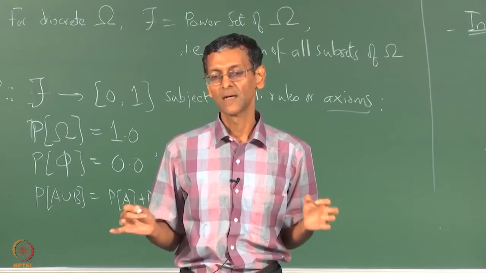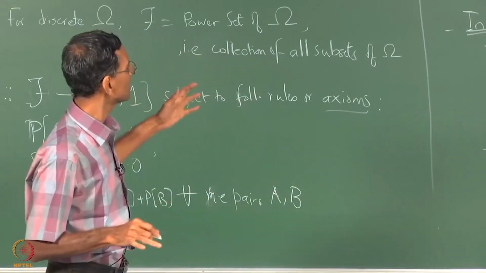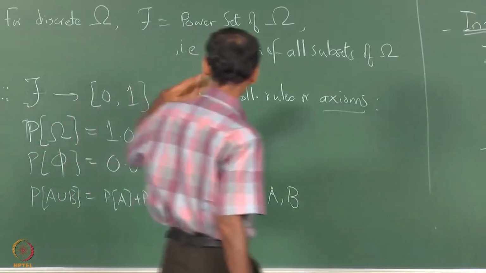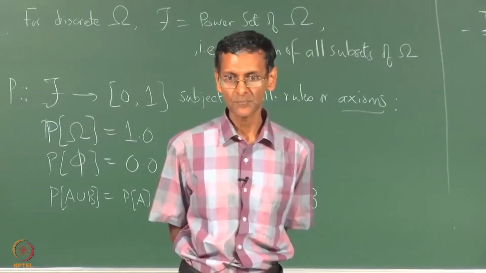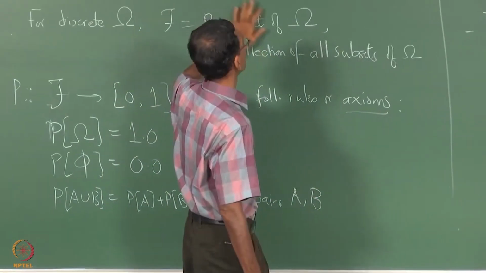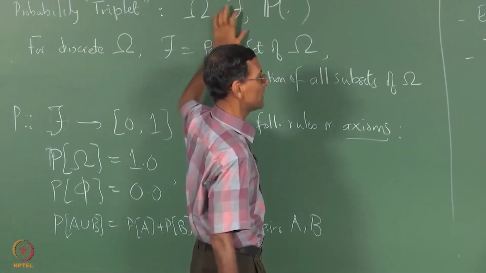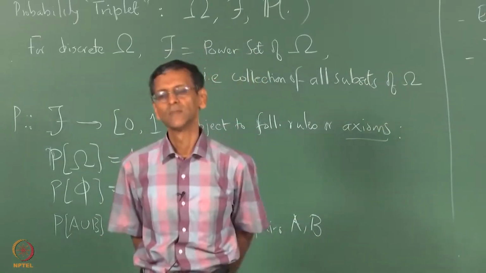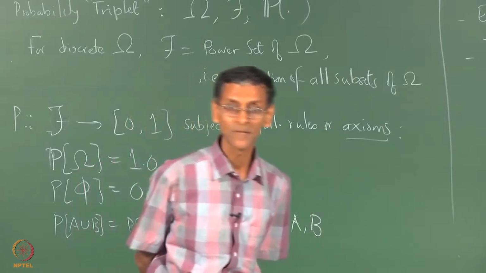It is a very profound situation, in a sense, that a very small number of rules is all that we need to keep in mind. We need to keep in mind how we form Omega and then F, and then apply this P to all the elements of F, and then follow these axioms to build up the theory.